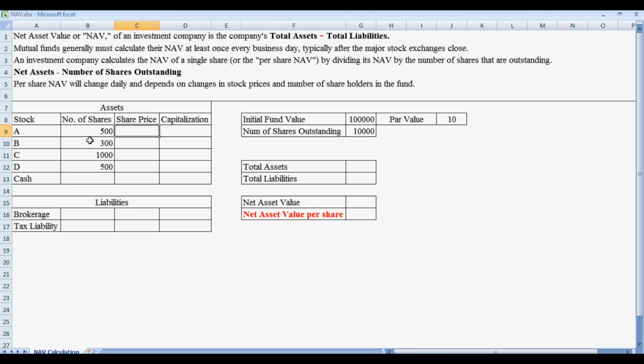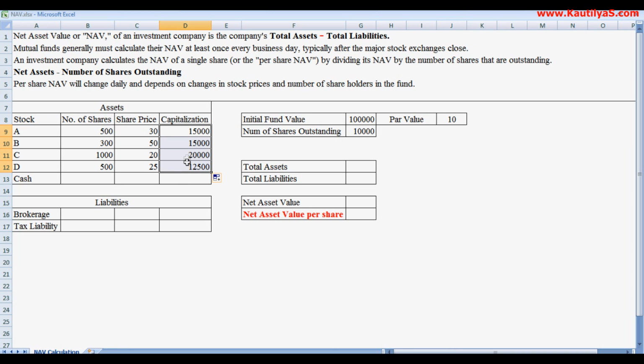And the share prices are 30, 50, 20 and 25. So our capitalization equals number of shares multiplied by share price. So 15,000. Similarly, we drag here.